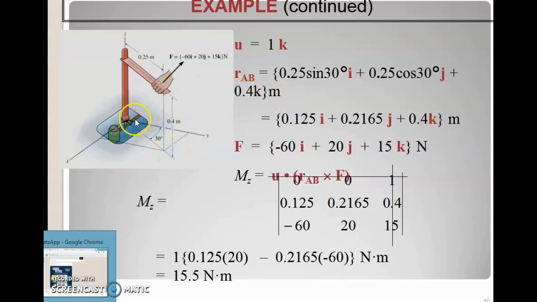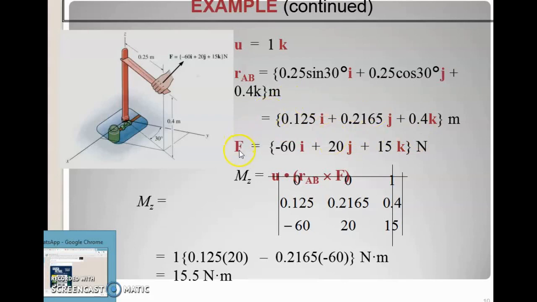Minus the coordinate of A, which is 0, 0, 0 because it is at the origin. So you will get the vector form of RAB.